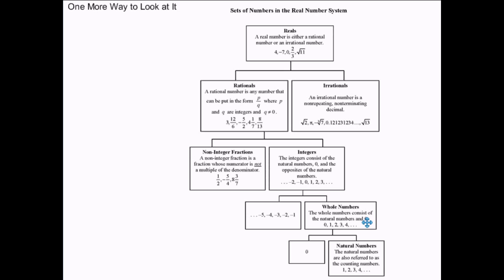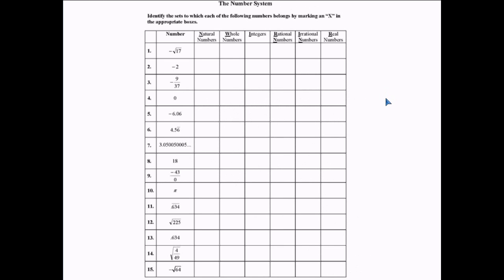You can go up the flowchart. Everything in the integers is also rational and real. However, if you're an integer, you may not be a whole number because you could be negative. So that's how that flowchart works, and we're going to use that to identify numbers.